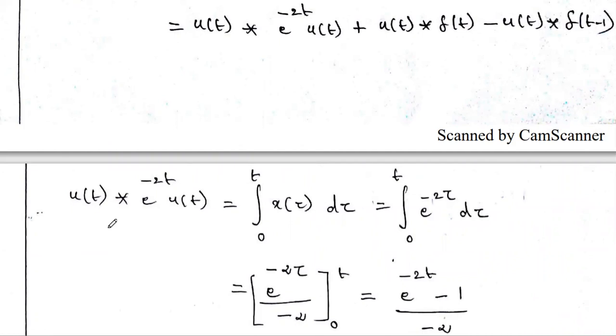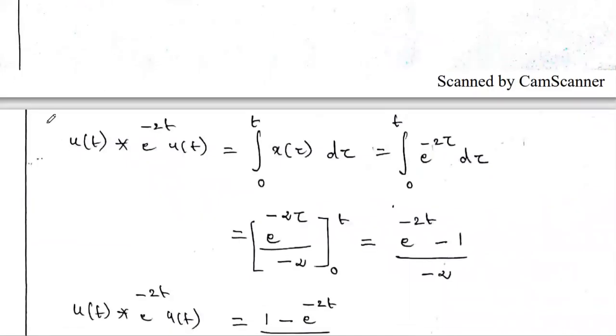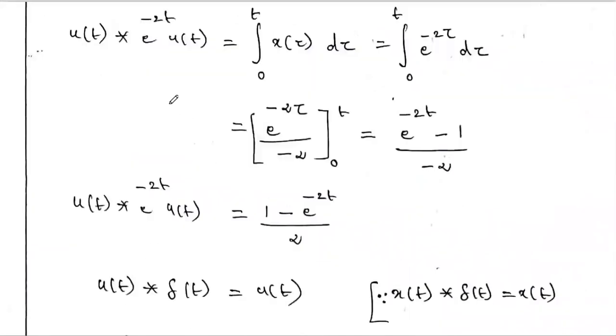First, we calculate u of t convolution with e power minus 2t u of t. For this we use the convolution with unit step signal property, the last property of convolution. Any signal convolution with unit step signal gives the integration from 0 to t of that signal, x of tau d tau.